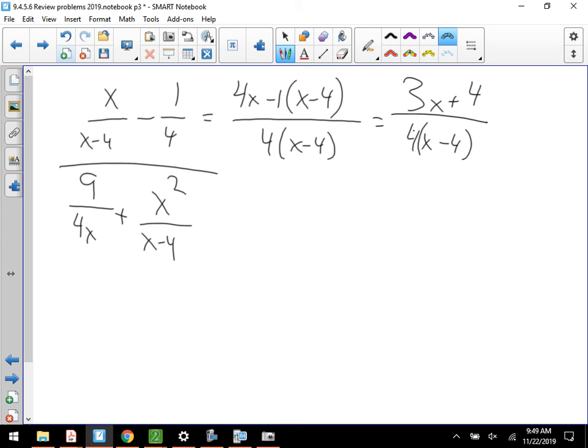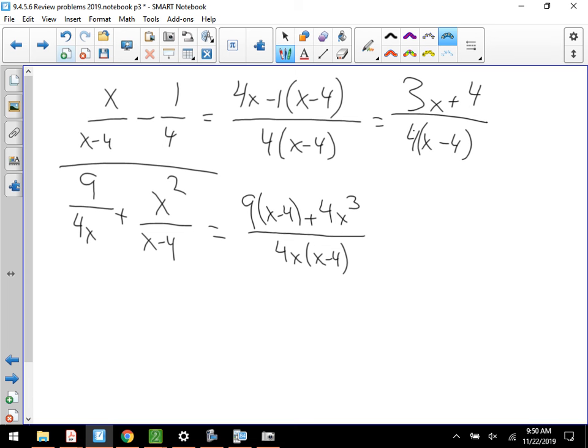Same deal in the denominator. We need 4x times the x minus 4. So when I start multiplying back and forth here, I get 9 times the quantity x minus 4 plus 4x cubed, because it's 4x times x squared, which gives me 4x cubed.